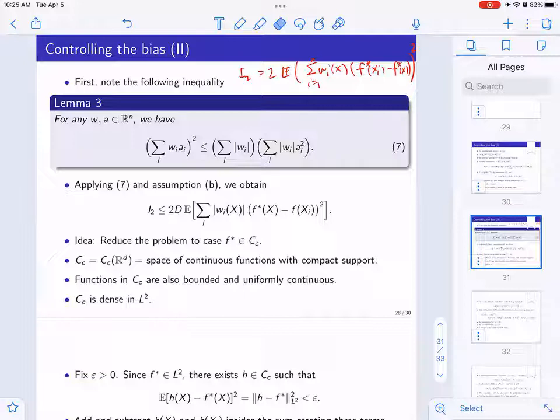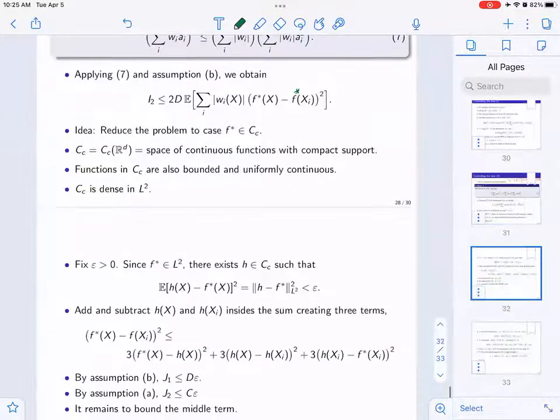So I have f star. Fix some epsilon. Since f star is in L2 and the space is dense, there exists an h in this space such that the L2 norm of the difference is less than epsilon.